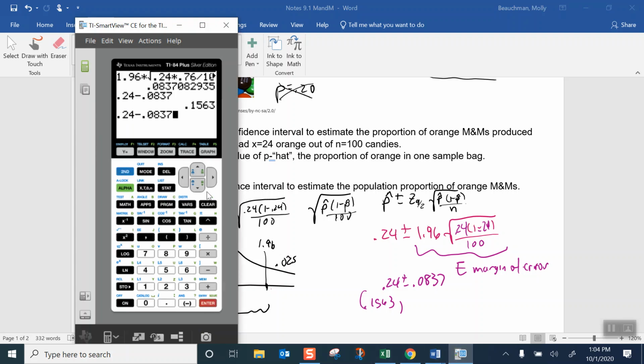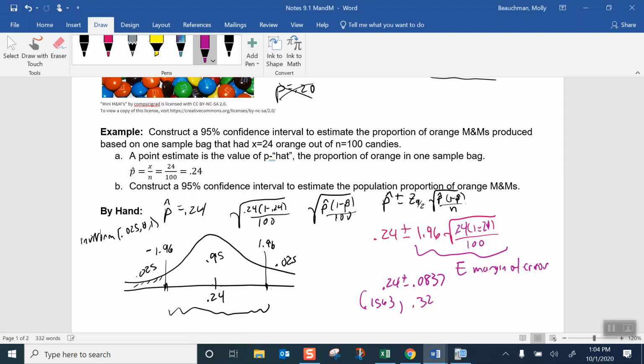So I'll repeat the last line, go over and make that a plus. I end up with 0.3237. So 0.1563, 0.3237. So what does that mean?